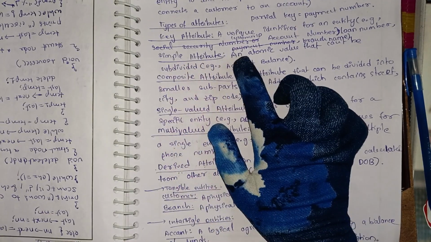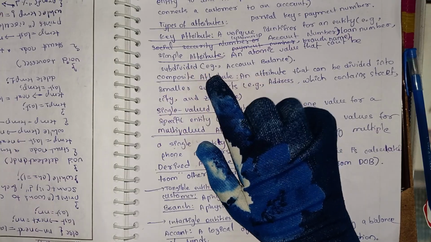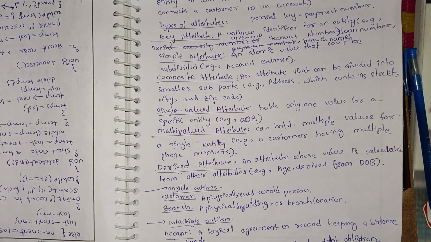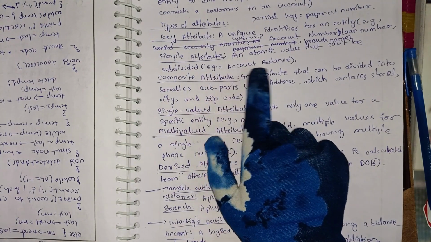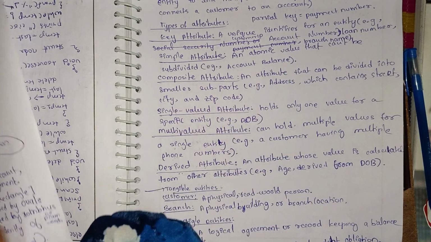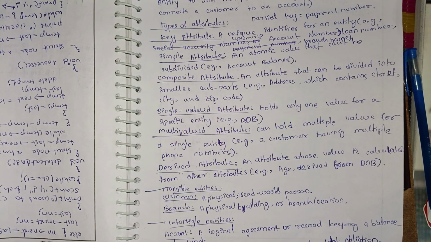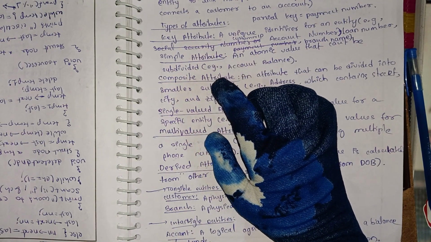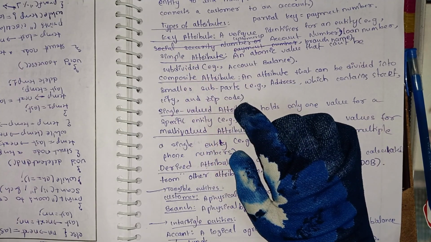And simple attribute, an atomic value that can't be subdivided. Here the example is account balance. These types of attributes and entities I have explained in the fifth question and its answer videos.